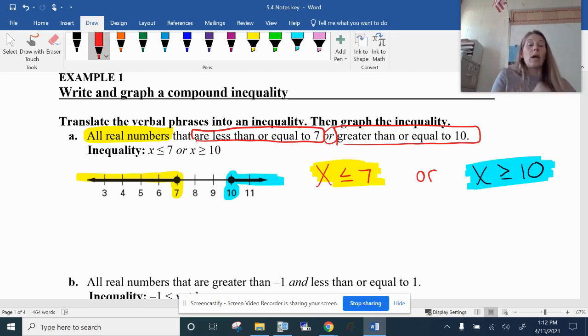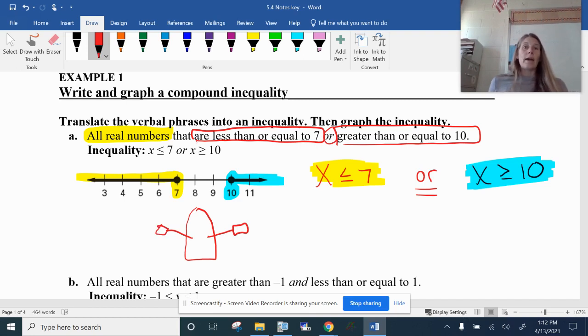Now another way you can kind of check this is if you're good at graphing, I always say that when it's an or problem, if you imagine yourself on a boat, like a little rowboat or something, sorry, I'm not an artist, but you would have the little oars going out on the sides of the rowboat, right? So that is another way to remember an or problem. The two shadings on the graph are going to be like little oars on a rowboat.